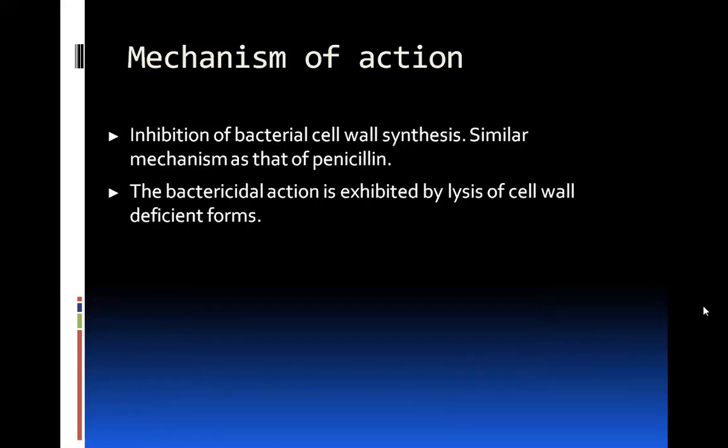Coming to the mechanism of action, it inhibits bacterial cell wall synthesis, which is similar to the mechanism of penicillin. The bactericidal action is exhibited by lysis of cell wall deficient forms.